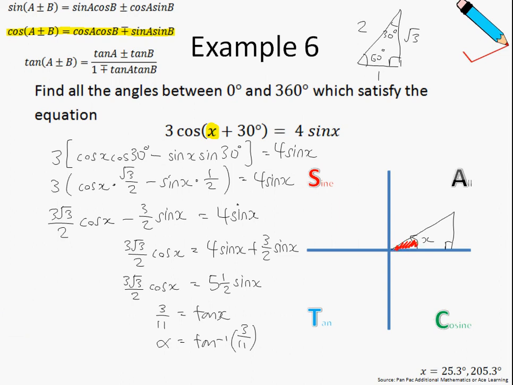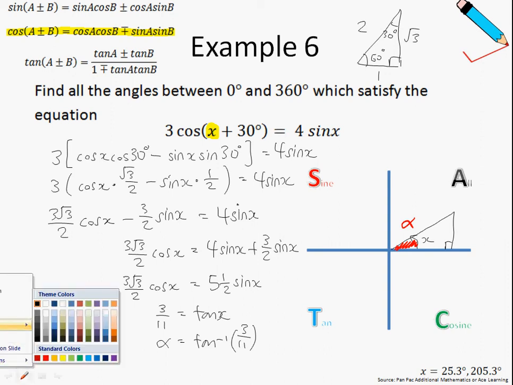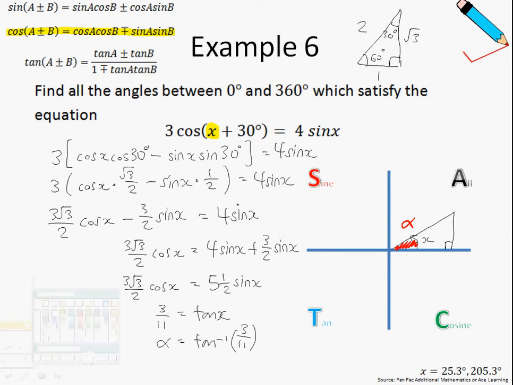So this is my alpha. And where is my other possibility for x? It will be in the tangent quadrant. So for that, let me use a different color. So x can also be here, okay, in the tangent quadrant. So this can be my x, and where is my alpha in this case? My alpha would just be here.